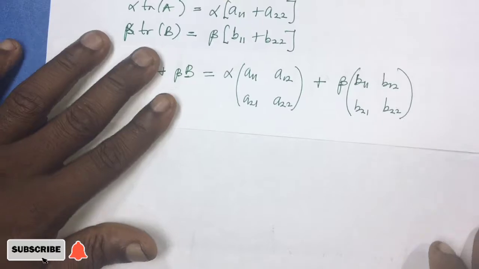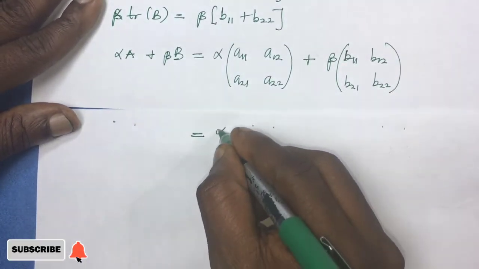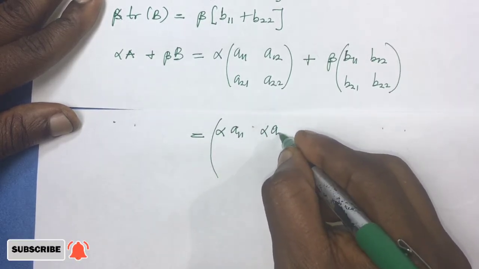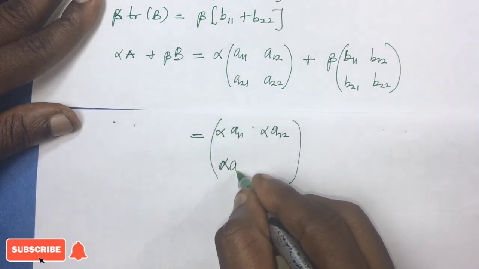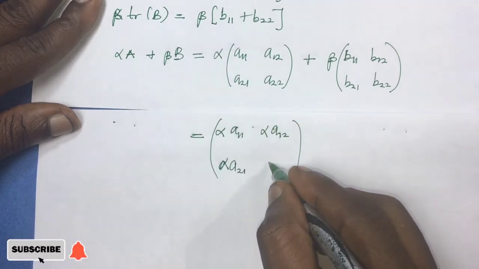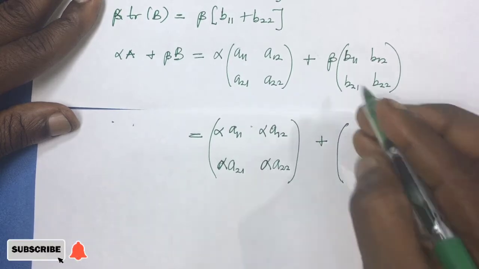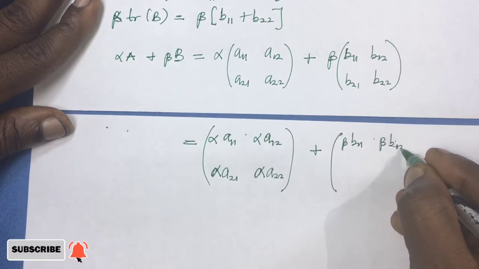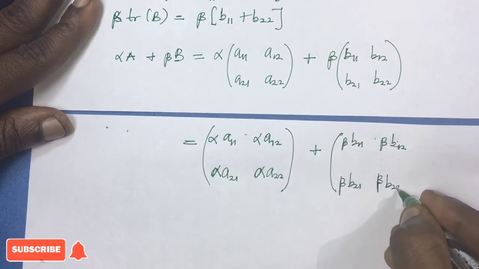The next result will be alpha A11, alpha times A12, alpha multiplying A21 to give alpha A21, alpha multiplying A22 to give alpha A22, plus, now beta multiplies B11 to give you beta B11, beta B12, beta B21, and beta B22, okay?